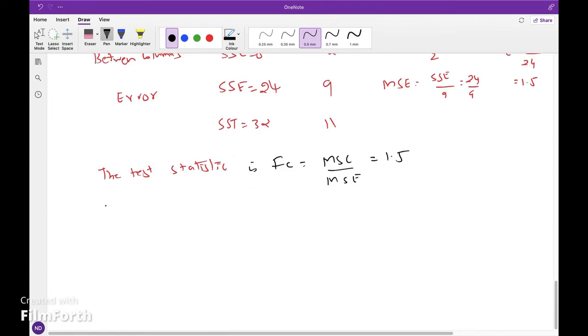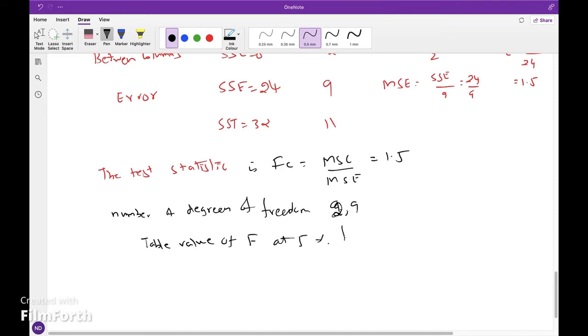Number of degrees of freedom 2, 9. The table value of F at 5% level is 4.26.